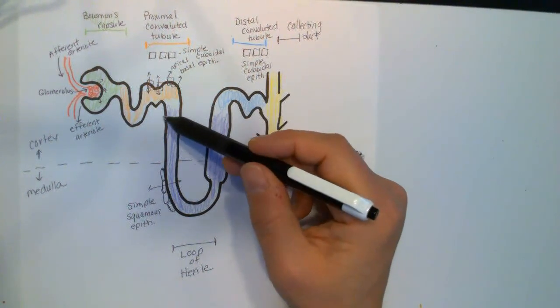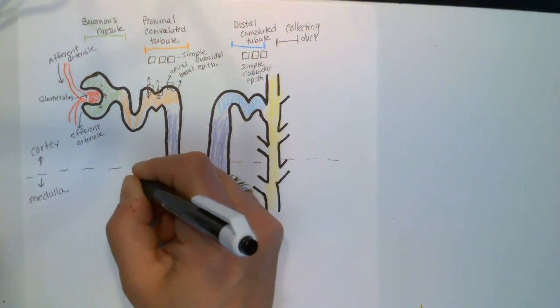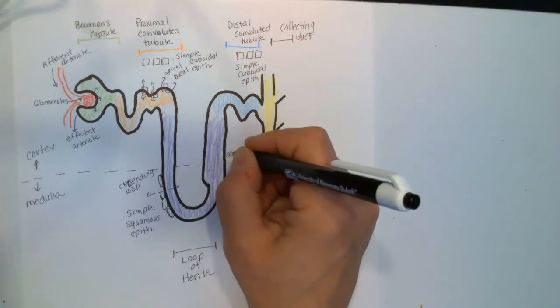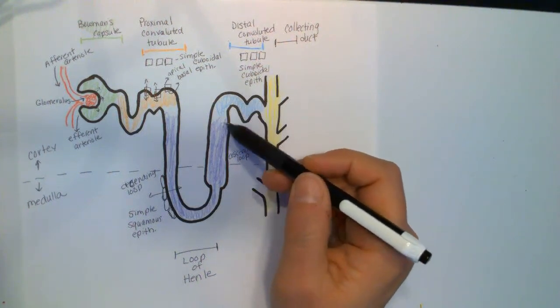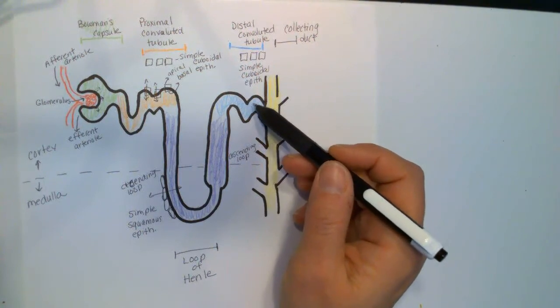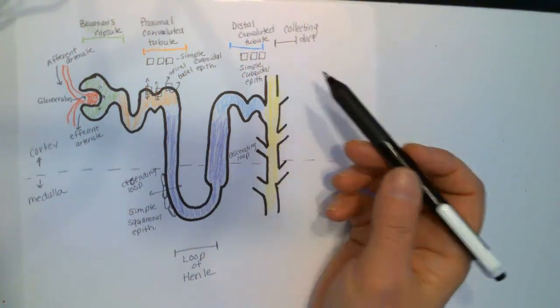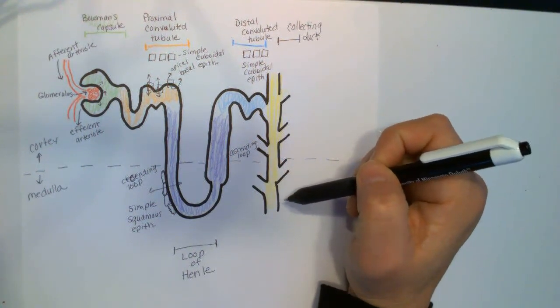So this is actually called the descending loop of Henle. So descending, and this is called the ascending loop. And then this is going to be lined with simple squamous epithelial as it comes back up in the ascending loop to the distal convoluted tubule, which again will be lined with simple cuboidal epithelial, and then dump into this long tube here, which is called the collecting duct.